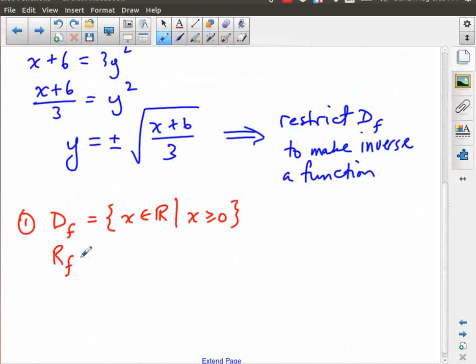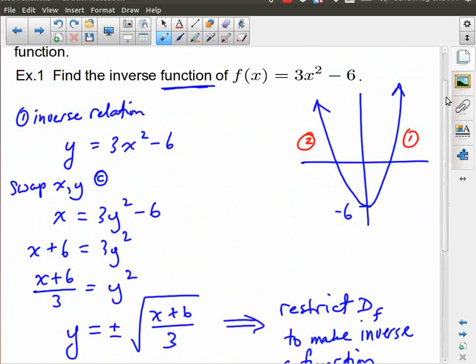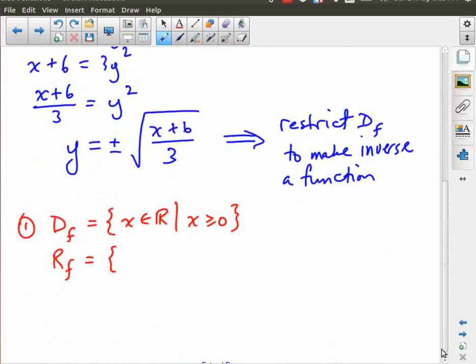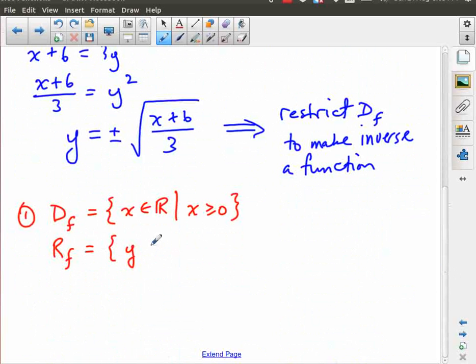The range of f at that point in time. So if I choose this right-hand side, the domain is all x values greater than or equal to 0. What's my range going to be? That's going to be y values greater than or equal to -6. The range of f is y member of R, y greater than or equal to -6.